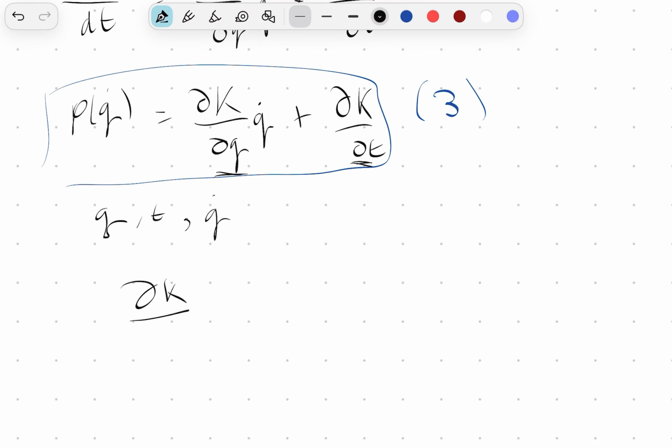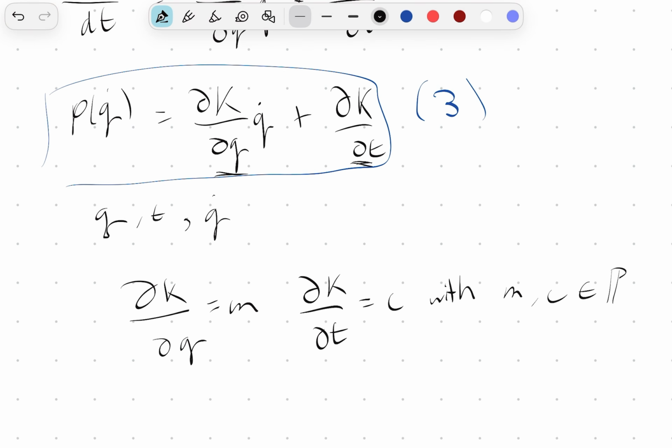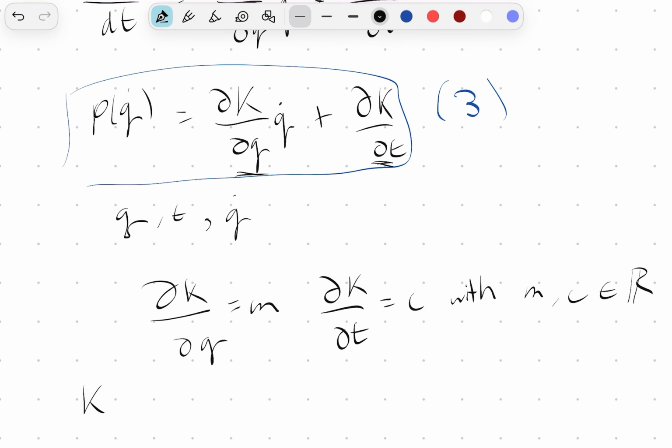So let's say these coefficients here should be equivalent to m, and this coefficient here equivalent to c, with m, c being real constants. And if you integrate them, then you would arrive at the fact that the function itself should be linear, plus a constant.